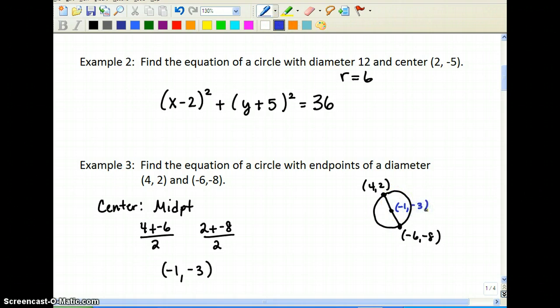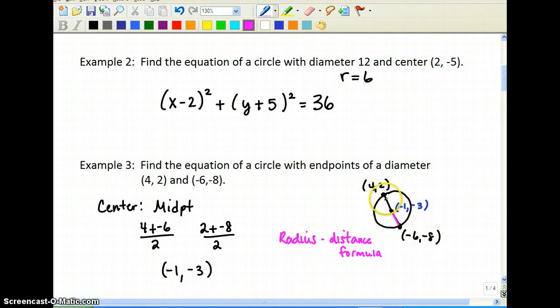Now, we also need the radius. To get the radius, we need to figure out what this distance is. So we're going to use the distance formula. I'm going to do the distance between this blue point, (-1, -3), and (-6, -8).